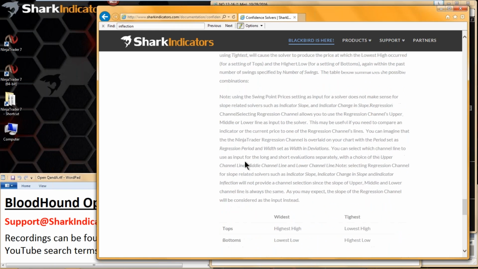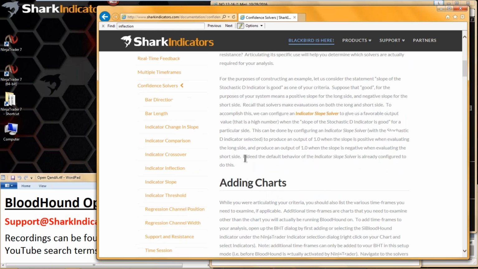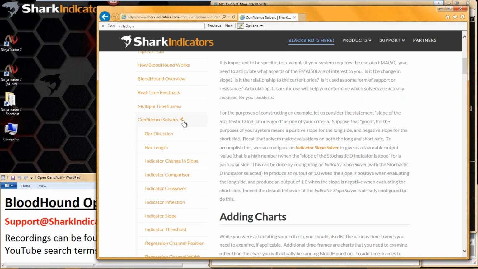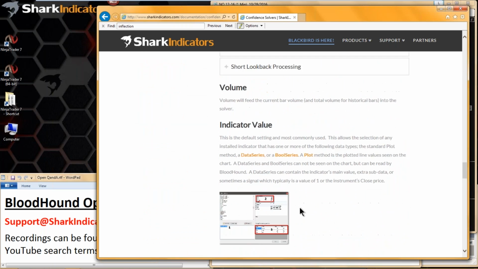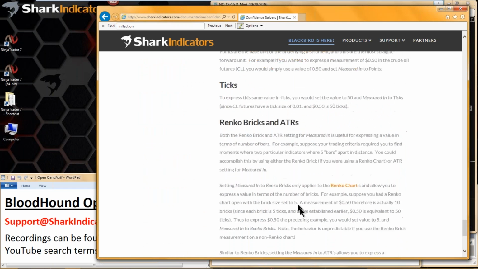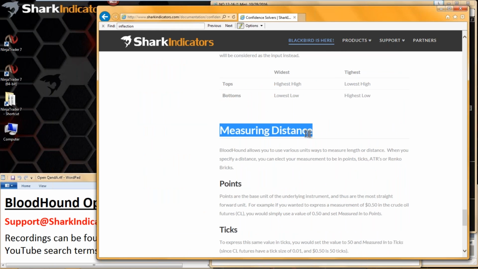You'll find them on this page here. If we scroll up, you can see the little arrow there. So we're on the confidence solver page, and the measure in is all the way at the bottom of the page.